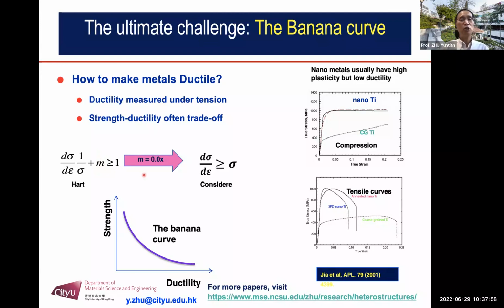However, at room temperature, m is typically very small, equal to 0.0-something. Since this is much smaller than 1, you ignore m, and now this hard criterion becomes the Considère criterion. That means dσ/dε, which is the slope of the tensile stress-strain curve, has to be larger than the flow stress. By the way, here all the stress and strain are true stress and true strain. Okay.